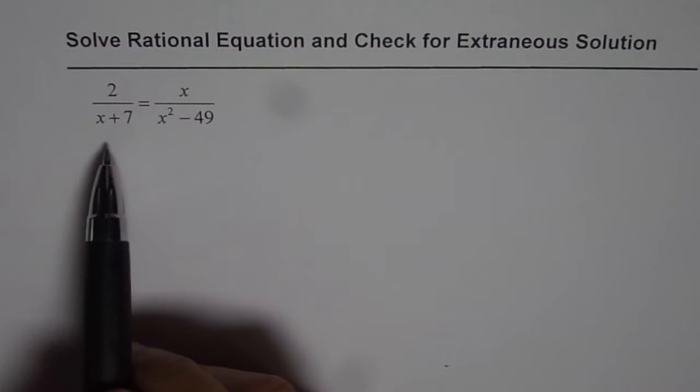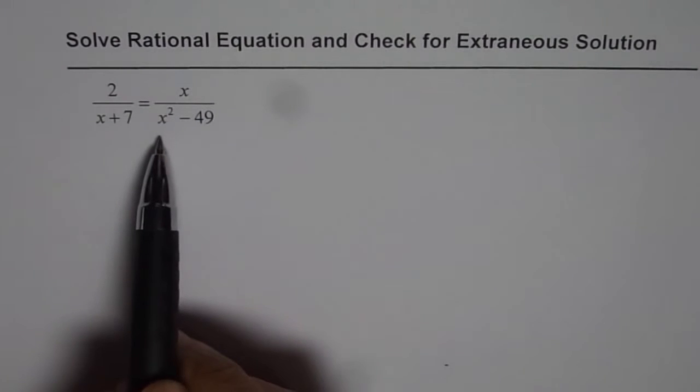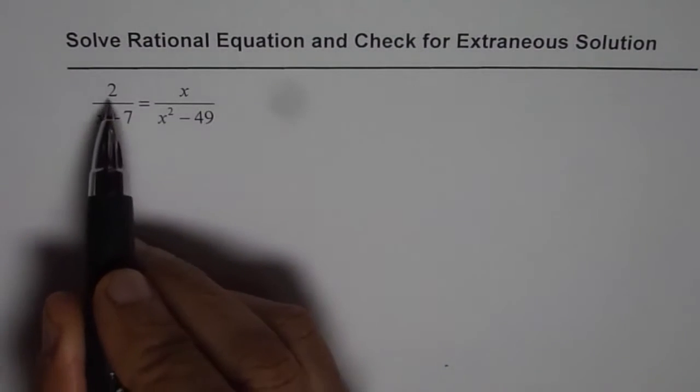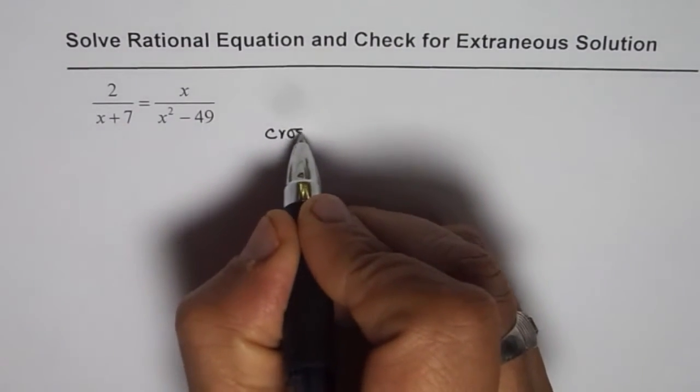Here we have a rational equation: 2 over x plus 7 equals x over x squared minus 49. Let us cross multiply and solve. So the first step we are doing here is cross multiply.